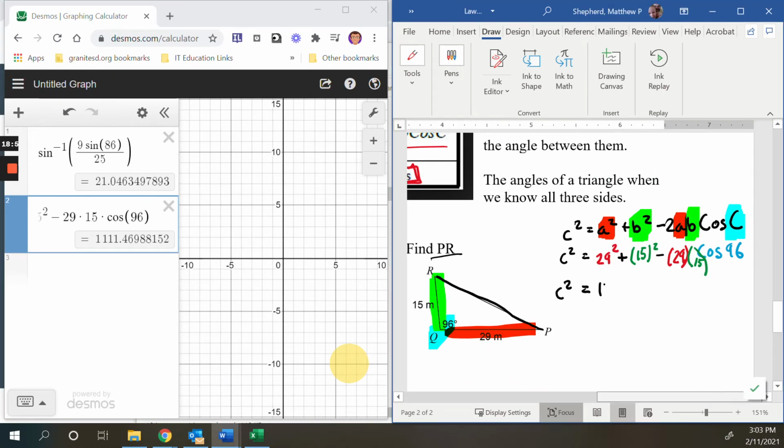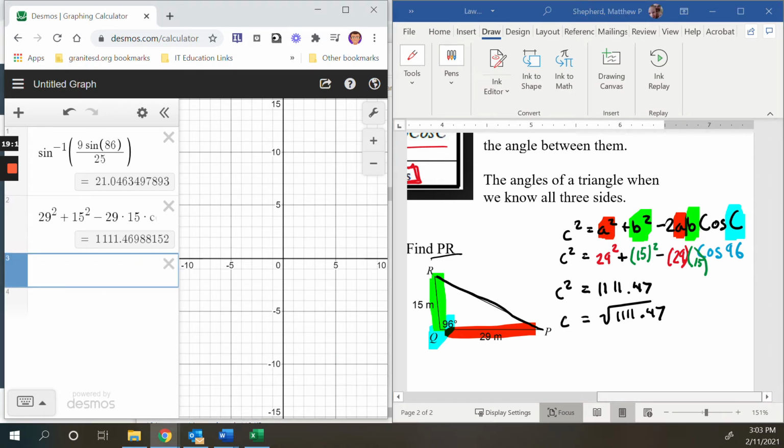Because we know this is about 1111.47. So I need to take the square root of that. So SQRT.